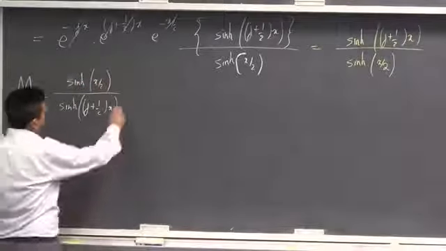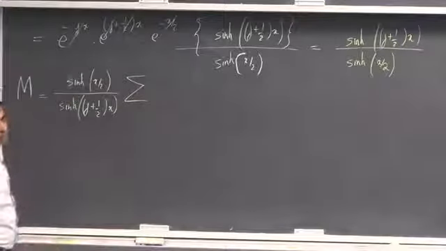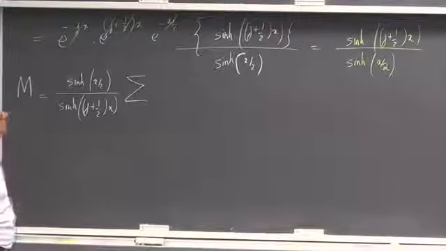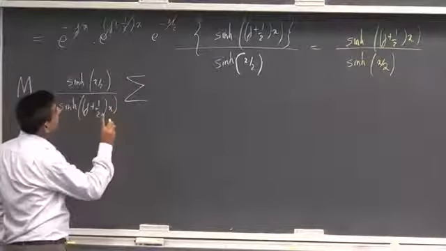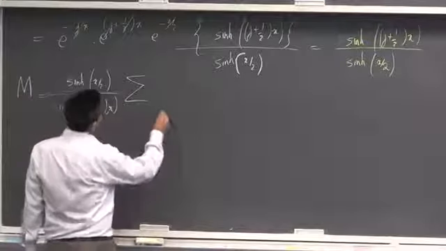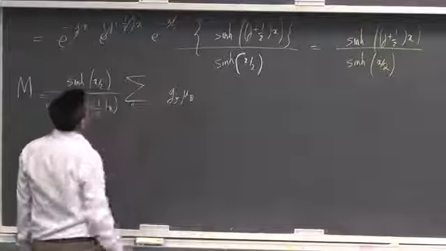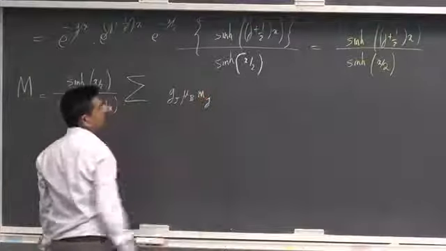And we have to take the sum, and we find out the magnetization of each m_J state. That's given by g_J mu_B m_J.